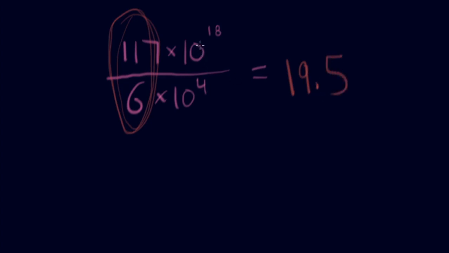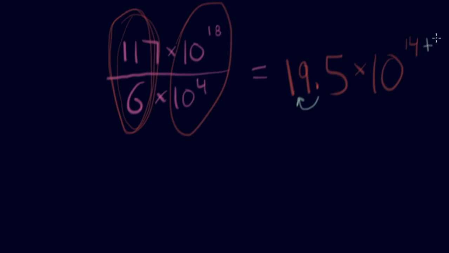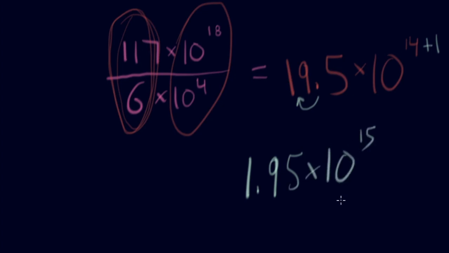And then you're going to go 10 to the 18th divided by 10 to the 4th, so you're going to subtract those, and you're going to get times 10 to the 14th. You know that you're not done yet. You have to move your decimal 1 place over, which means adding 1 to the exponent. So your final answer is 1.95 times 10 to the 15th.